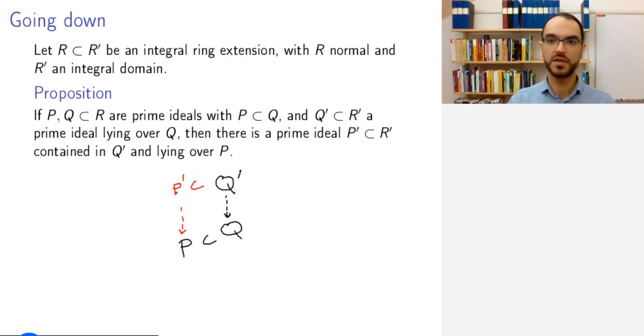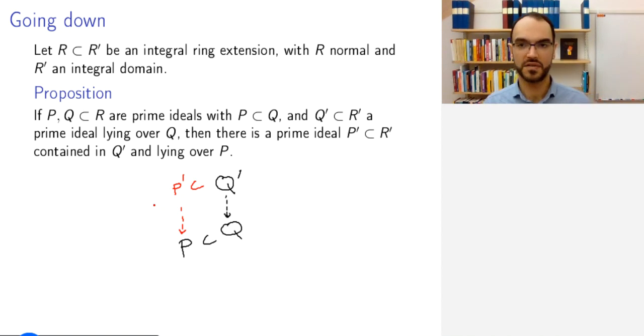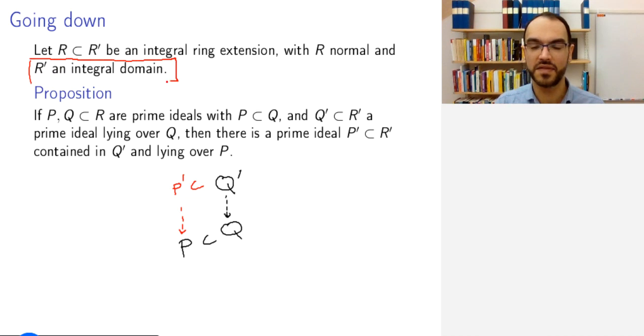This turns out, in general, not to be true for any integral ring extension. So we have to assume that the smaller ring R is normal and the larger ring R prime is an integral domain. Then this property holds and P prime exists. I will not give the proof, but I want to ask you to try to find an example, perhaps just pictorially using geometric images, where you have an integral ring extension but R prime is not an integral domain, and see why this fails.